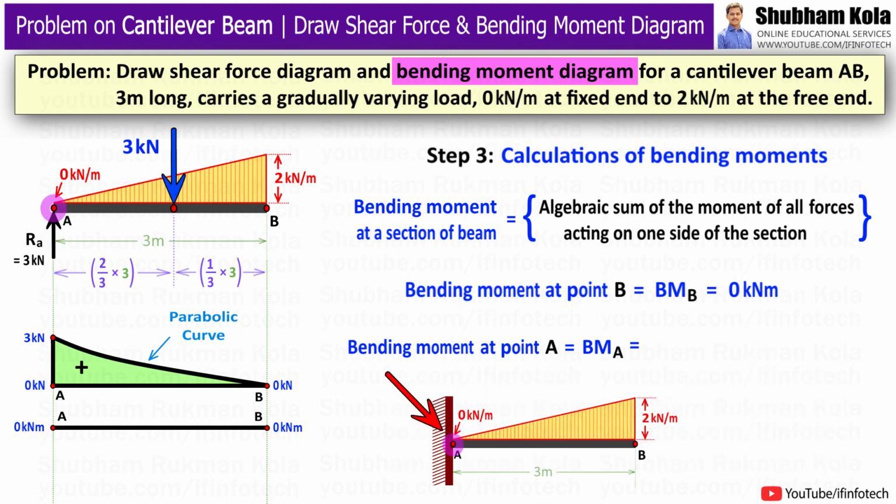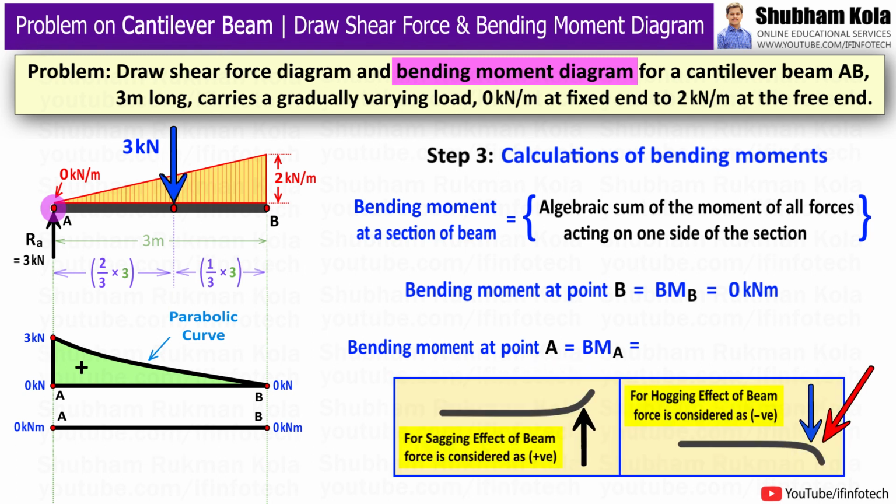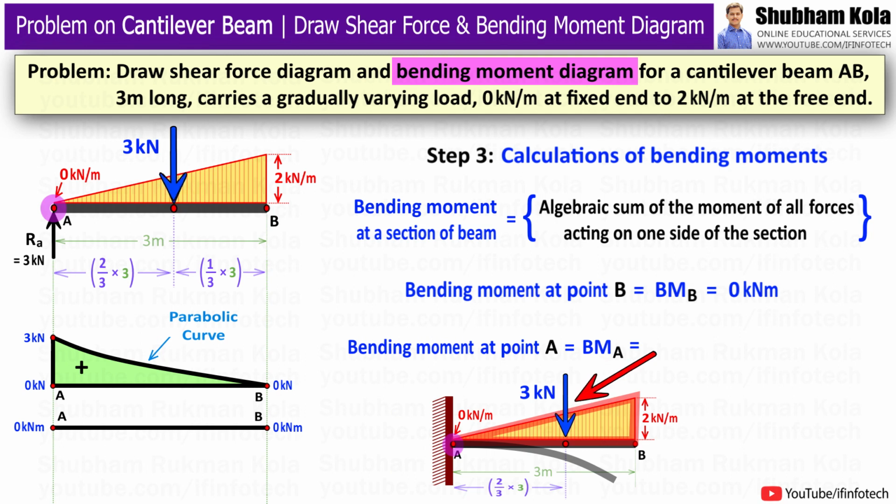So the bending moment at point A, that is BM suffix A, equals the algebraic sum of moment of all the forces at the right hand side of point A. So here at the right hand side of point A, there is a gradually varying load, that is a triangular load, which we had converted into a point load of 3 kN, which is acting on the beam in the downward direction. Due to this downward force, the beam shows hogging effect, and for hogging effect of the beam, I will consider this converted force as negative.